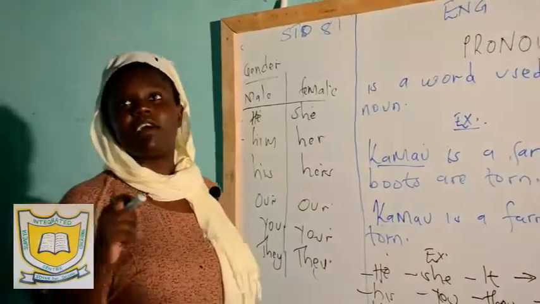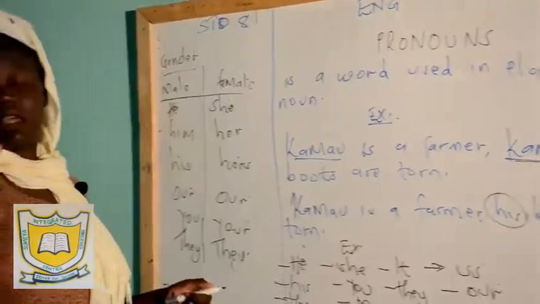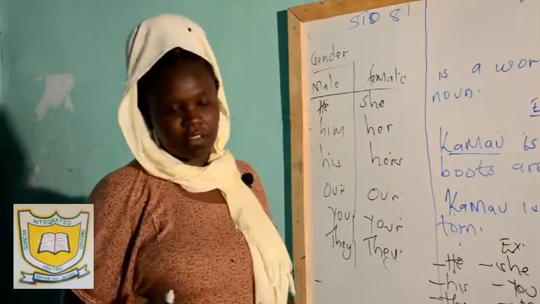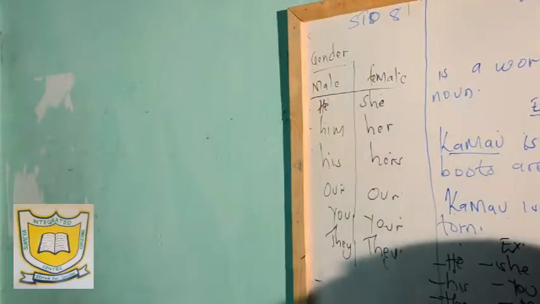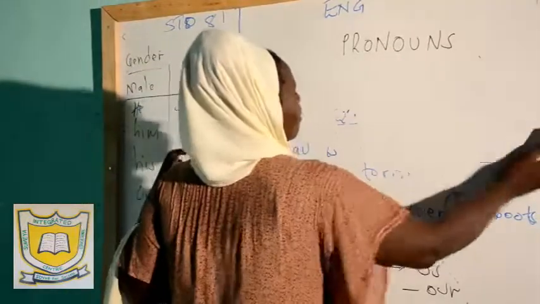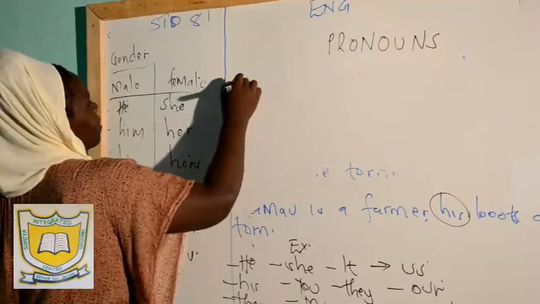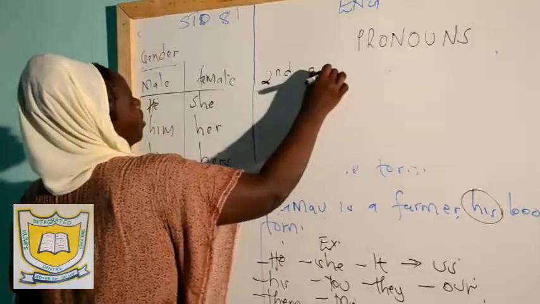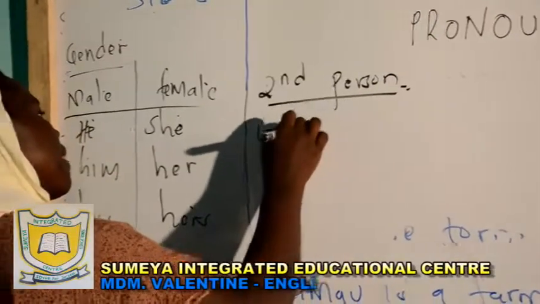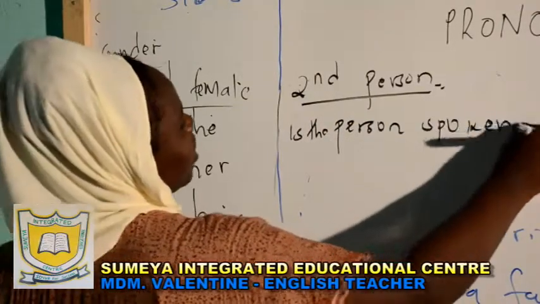Second person, the person spoken to. I said pronouns can be divided according to gender or according to persons. Now, the second person is the person spoken to.